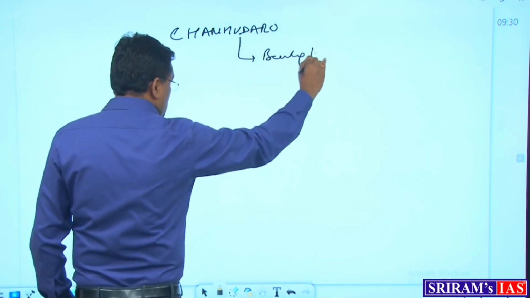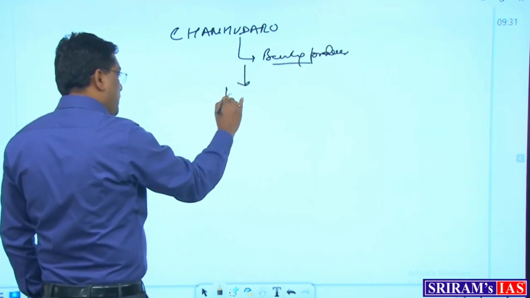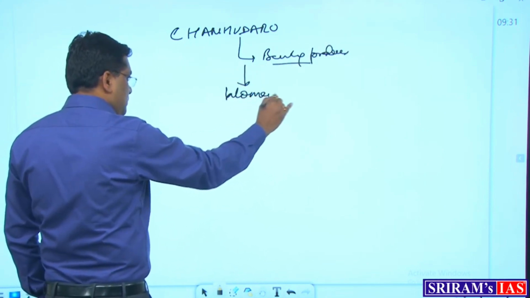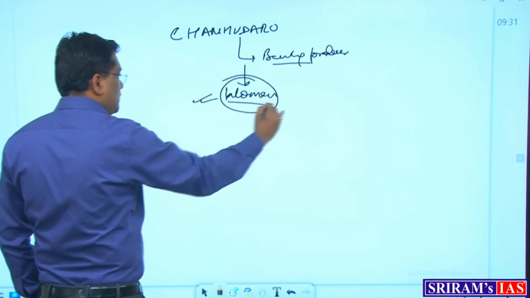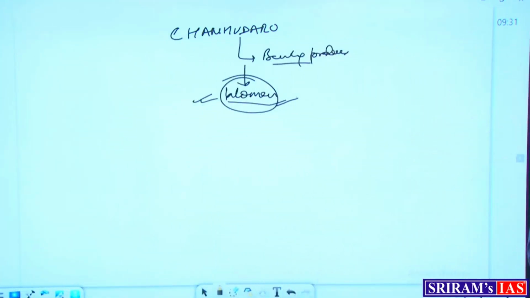Beauty products means the products used by women for good looking. Everything you can find there, whatever the modern women used, was a beauty product.